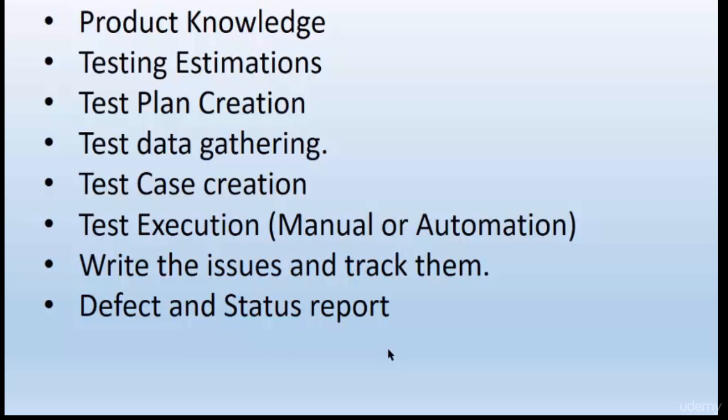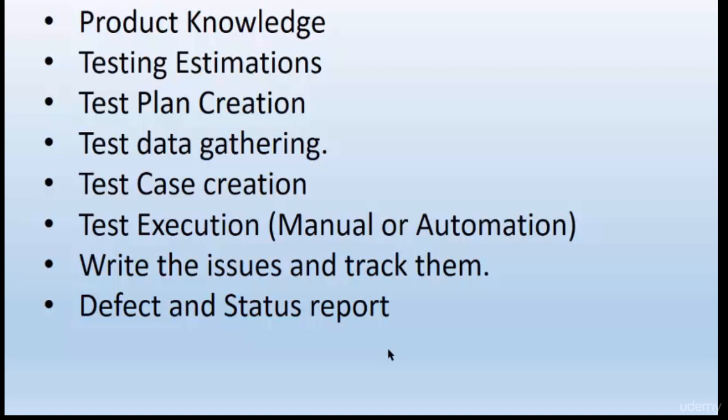So the next is defect and status report. As a tester, you would not just write the defect and check it, you are going to make a report, and in the meeting you would show the report that there are 10 defects for that particular requirement, and out of 10 maybe 5 are reopened, meaning that they are not fixed yet even though the developer says it's fixed, and 2 are still open, and developers need to fix them.